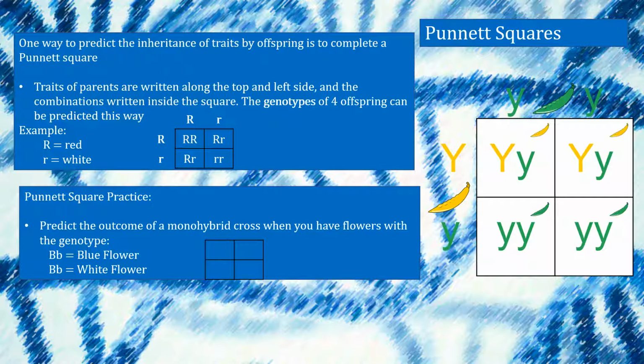And then there's a 1 in 4, or 25%, chance that they would have an offspring with white flowers. Probability is something you learned, I believe, in Math 1 or Math 2. When you add up the numbers, you have a 75%, or 3 out of 4, probability that the flowers would be red, and a 1 in 4 chance, or 25% likelihood, that you would get a white flower.